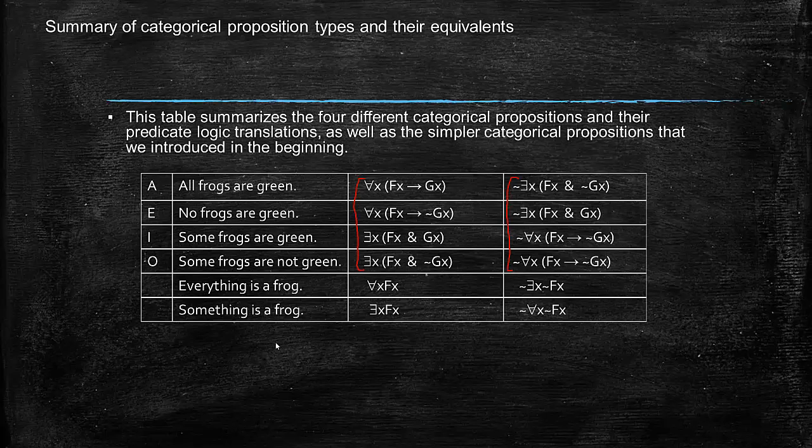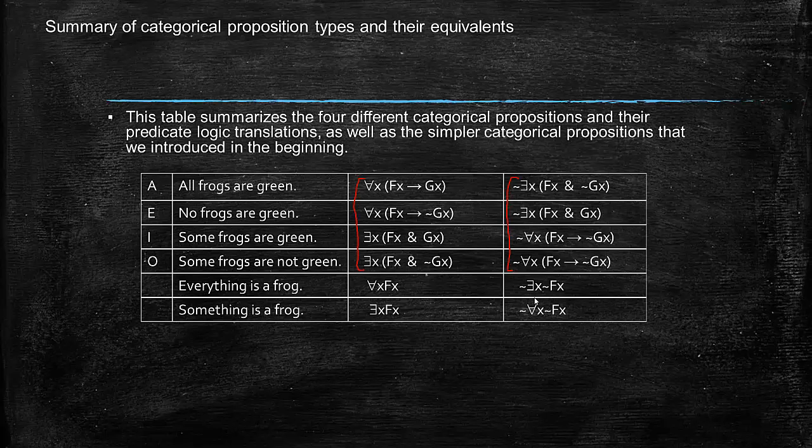Now, at the very beginning of the lecture, you'll remember we talked about these simpler statements like everything is a frog or something is a frog. We didn't mention that these two have logically equivalent expressions. So if you'll notice, everything is a frog, for all x, F of x, means it's not the case that there's something that's not a frog.